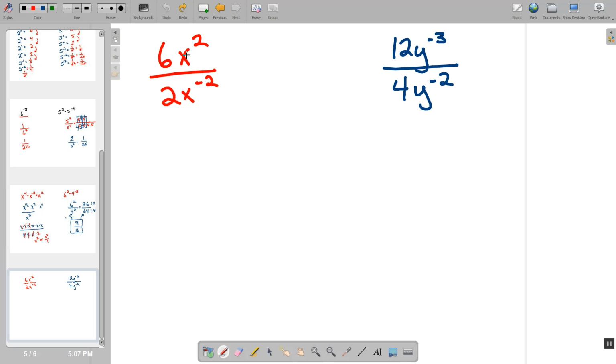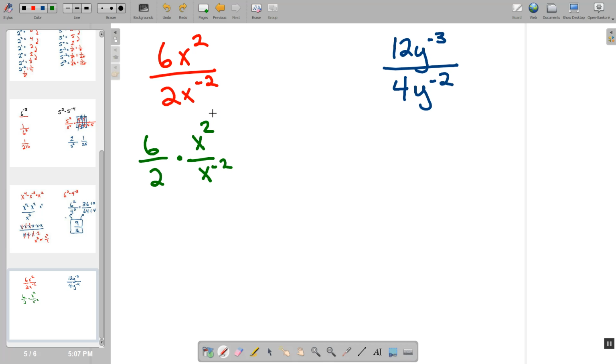We have 6x squared on top, 2x to the negative second on bottom. The first thing I want to do is anything without an exponent, I want to separate. Well, 6 and 2 are just regular numbers, so I'm going to go just 6 halves. That's going to be to the left of the problem. And on the right of the problem, I'm going to do x squared over x to the negative second power.